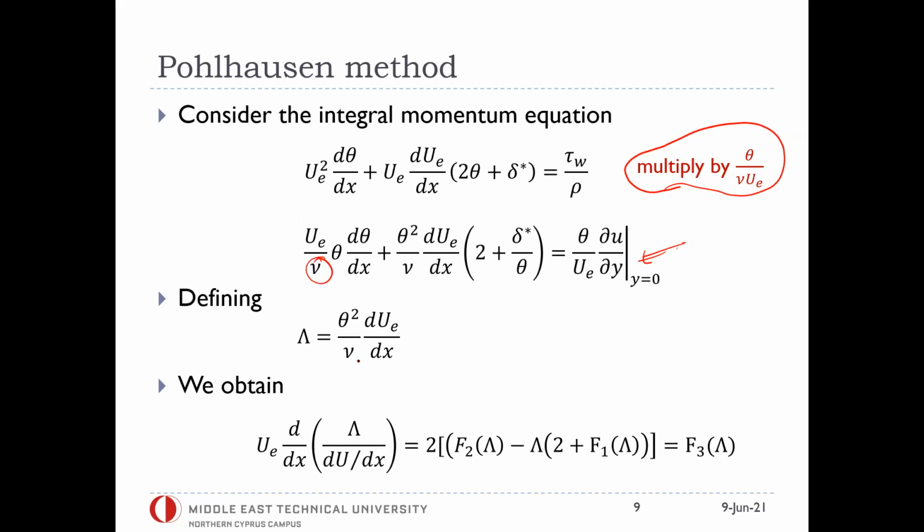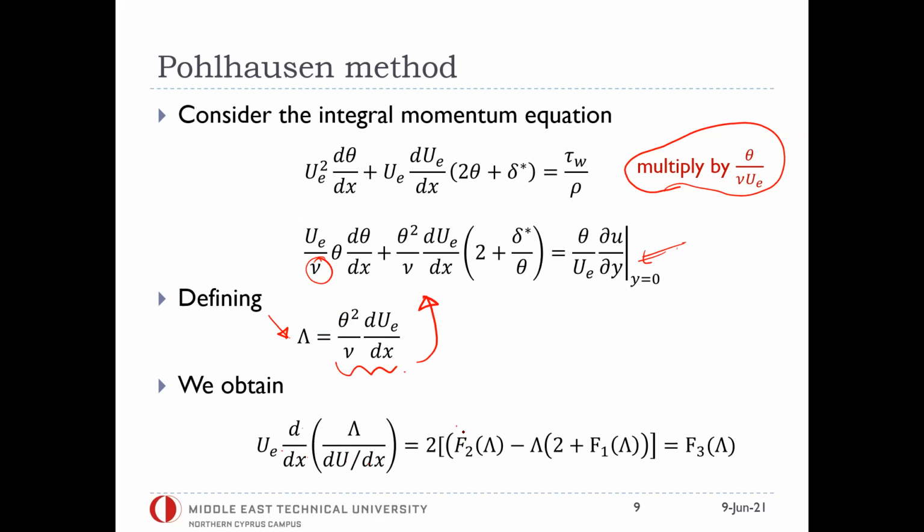Here we define a variable, capital lambda. It is theta squared divided by nu times the UE velocity gradient, and we insert this into this equation. We get this equation: UE times d/dx of capital lambda, du/dx, and all this function.